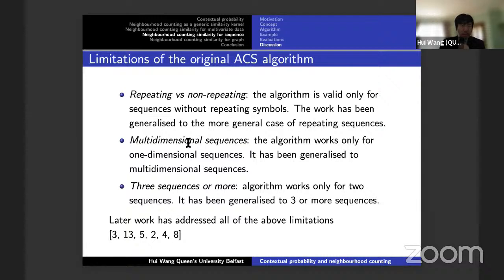And the original NCS algorithm has also been generalized to work on multidimensional sequences. It has also been generalized to work on three or more sequences. You can compare a set of sequences, and that has been done. So these are the papers which published the results in this direction.